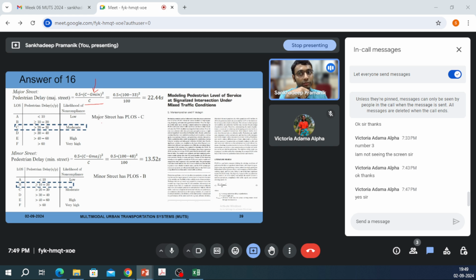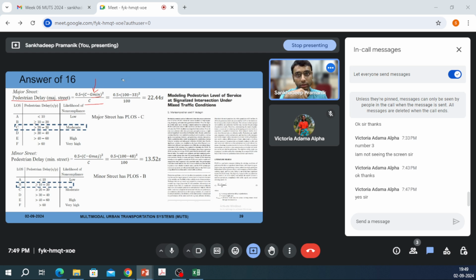So for the formula you need to calculate it like that: 0.5 into C minus G for the minor road, but remember it is for the pedestrian delay for the major street, meaning the total cycle length is maybe 80 seconds, or it is 100, as we can see here.